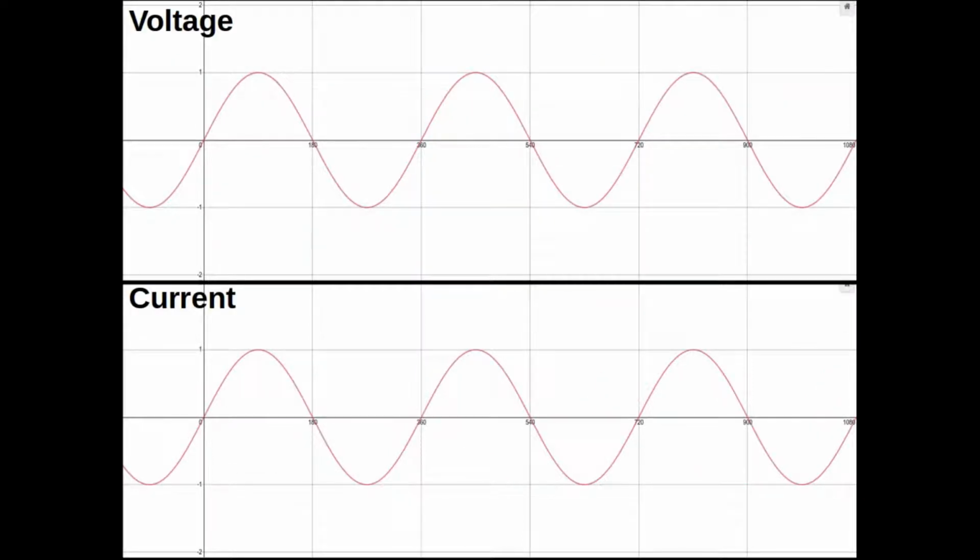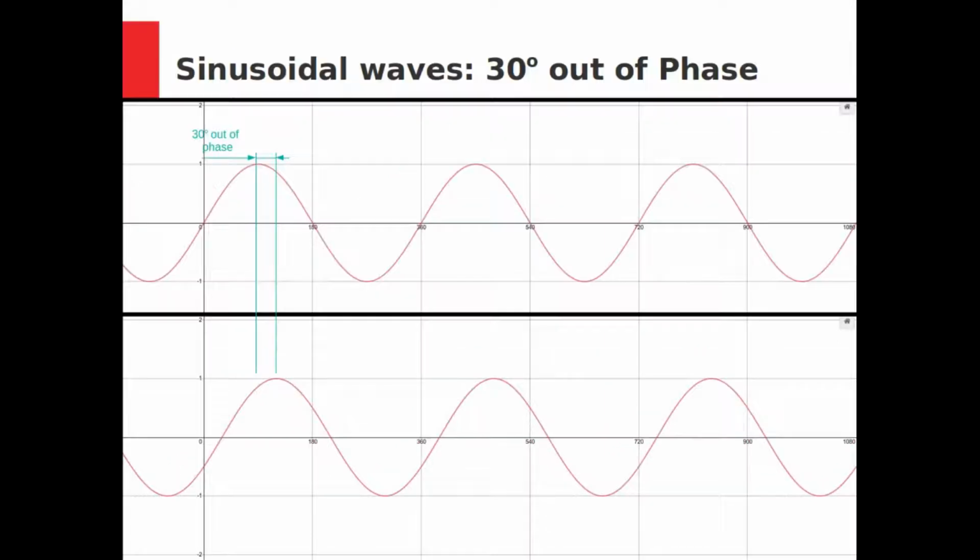If the peaks do match up, we say the waves are in phase, or the phase angle is 0 degrees. Different phase angles are possible if the peaks are closer together or further apart. In this example, we see that the phase angle is 30 degrees.